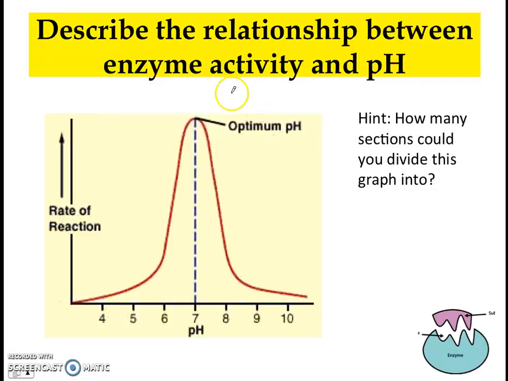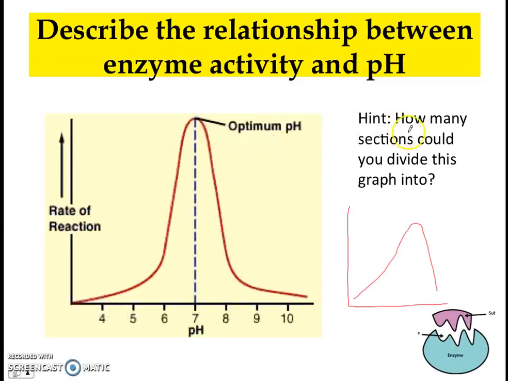Take note that this looks very different from the temperature graph, which goes up and then has a very steep drop. This one for pH and enzyme activity is a bit more symmetrical: you see it go up and then come down. So just be familiar with this shape.